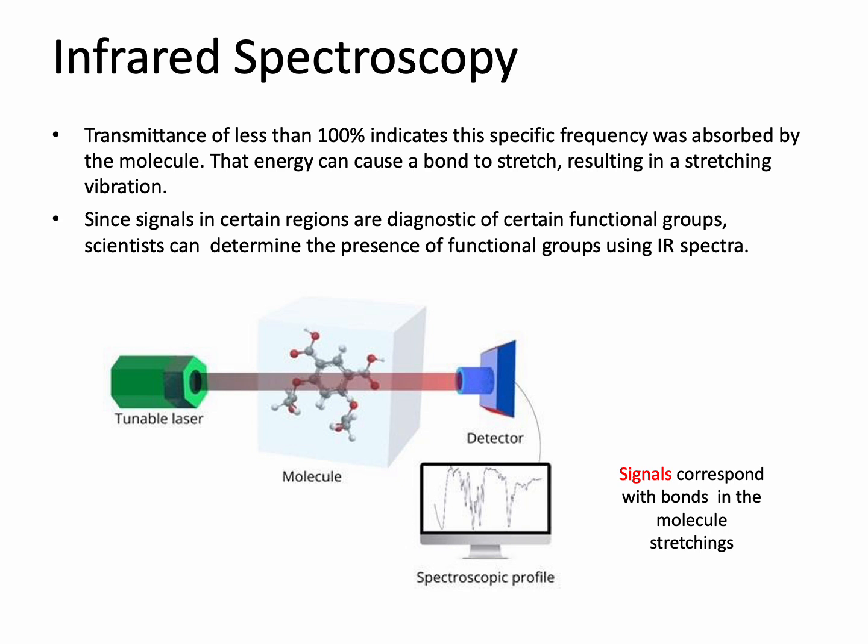The light will then be absorbed by a detector, and the detector is going to show us signals, and those signals correspond with bond stretchings in the molecule. It means that now we are going to be able to look into the different functional groups that exist in the molecule that we are analyzing using infrared spectroscopy.